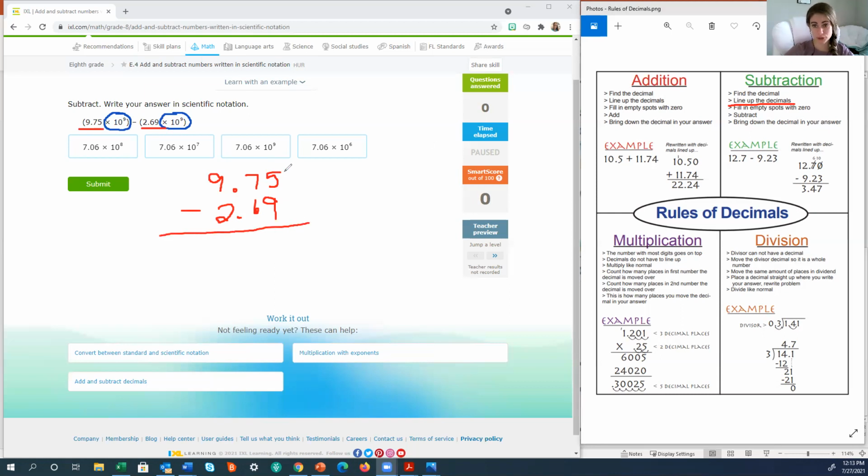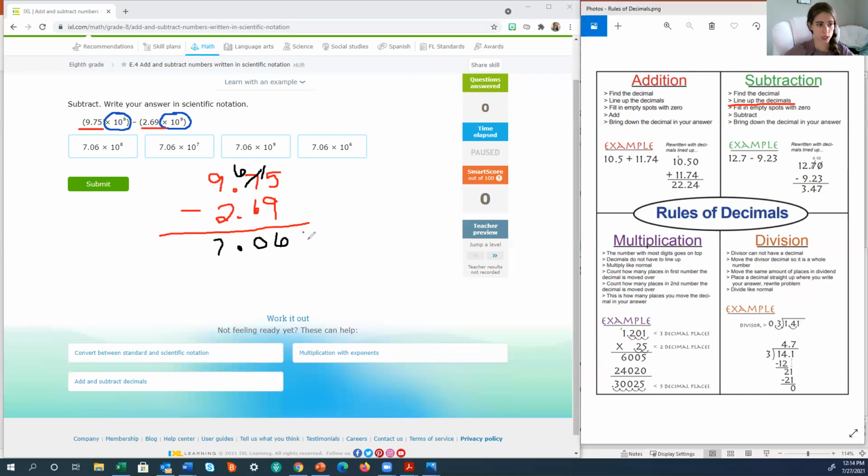But when I do go to subtract, I will need to borrow, because in this instance, I cannot do 5 minus 9 because we're not working with integers, we're not working with negative numbers. So we'll borrow from that 7, which makes it a 6, and my 5 becomes a 15. 15 minus 9 would be 6. 6 minus 6 is 0. Bring that decimal point straight down. 9 minus 2 is 7.